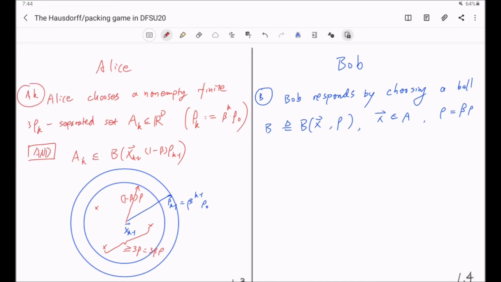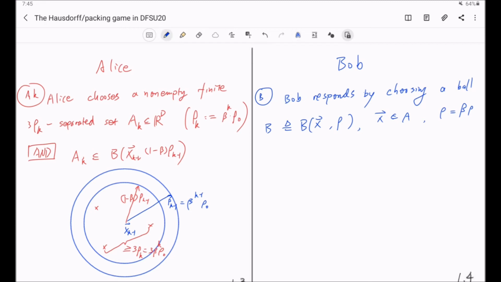The points of A sub k are again denoted by the crosses in the inner circle, which has radius 1 minus beta times rho sub k minus 1. They are supposed to be 3 rho k separated, which is 3 times beta raised to the power k times rho naught.